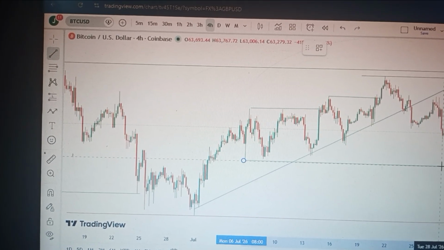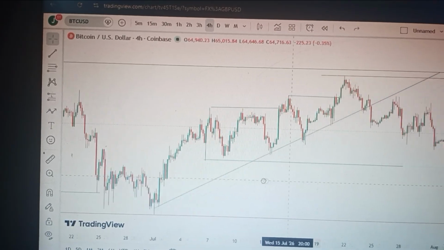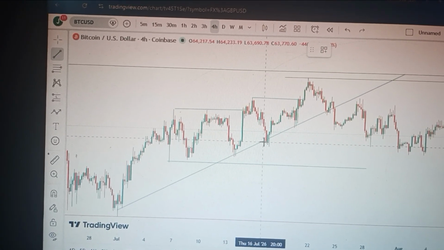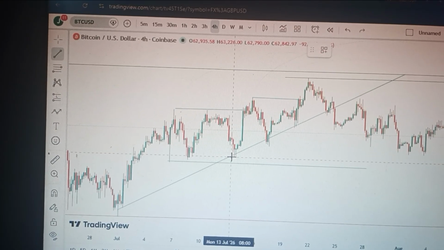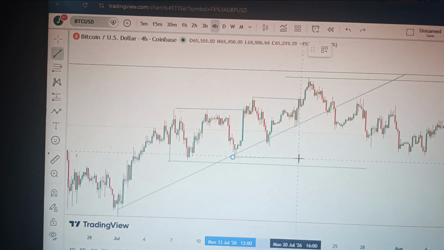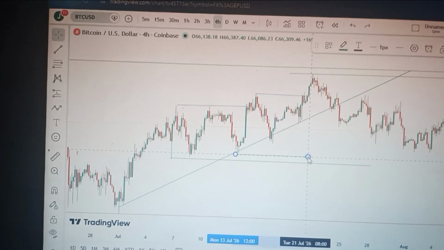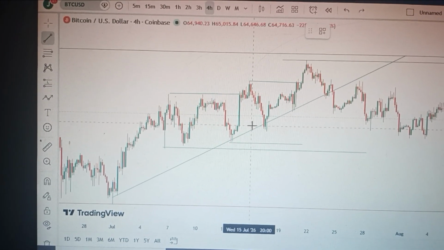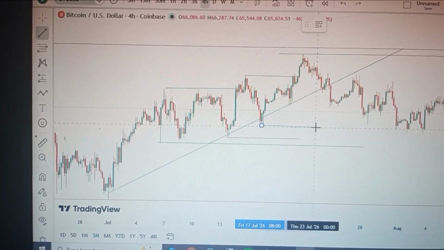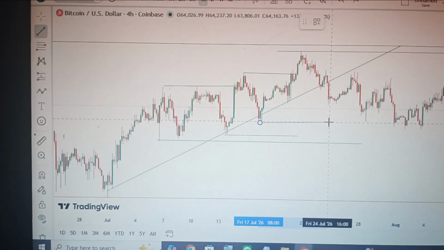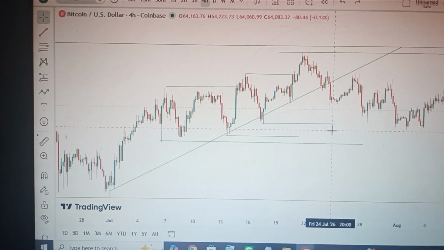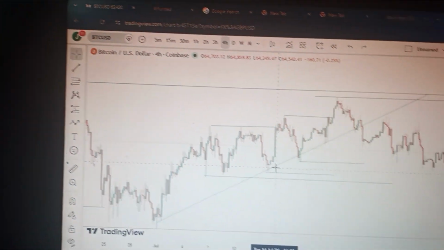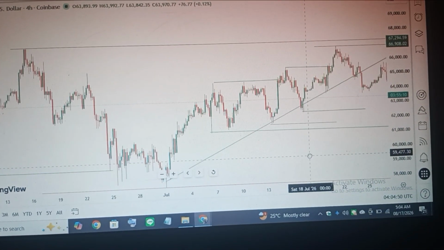Let's see at this point. We add here too. So what you can see here are the pushes that led to the break.